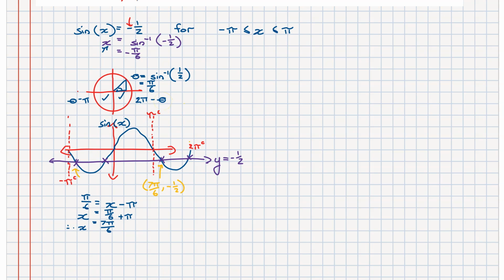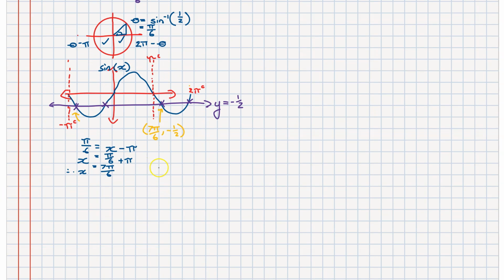Now, to get to the subsequent possible solution, we have to go for the 4th quadrant here, and we'll go pi/6 equals 2pi minus x. Then solving for x, we get x equals 2pi minus pi on 6.